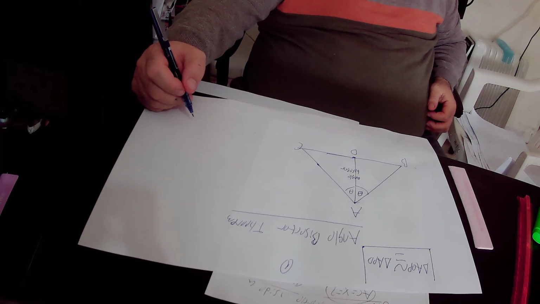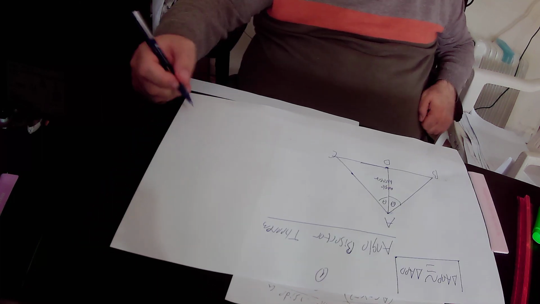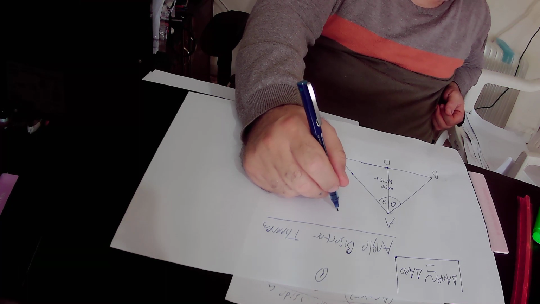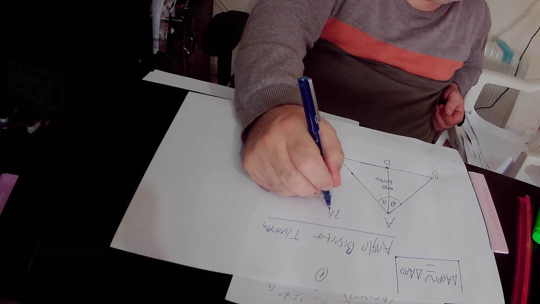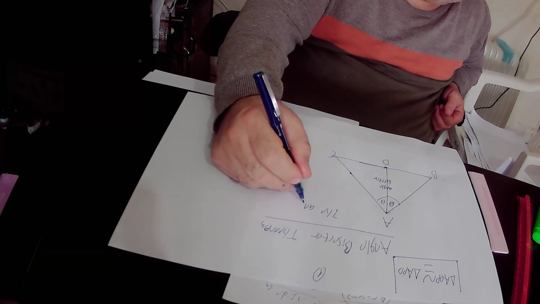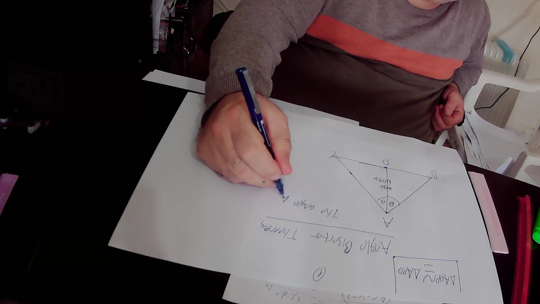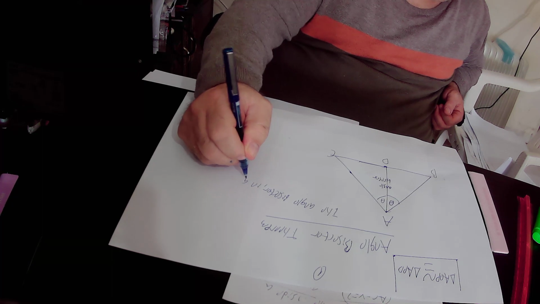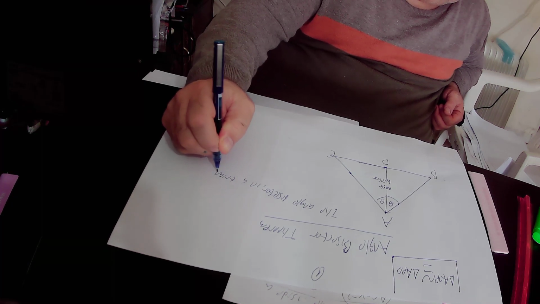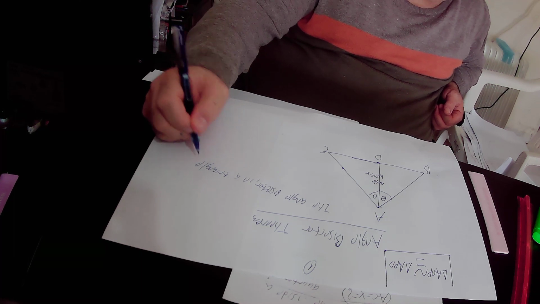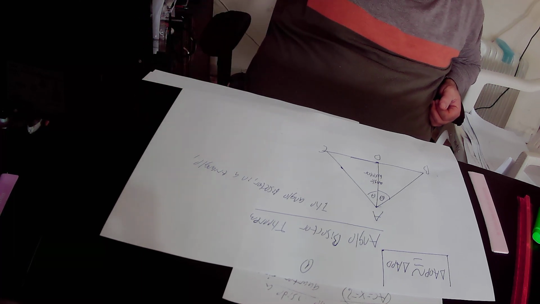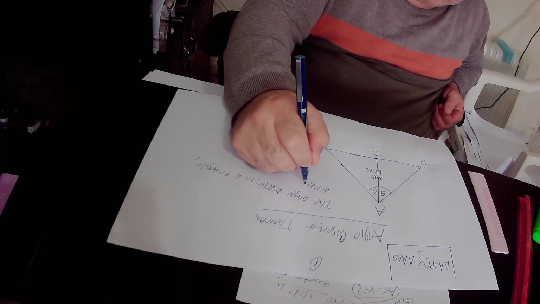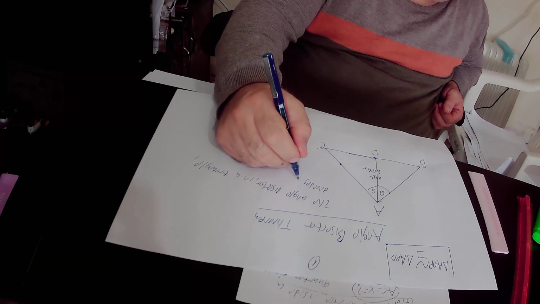So according to the angle bisector theorem, the angle bisector in a triangle divides the side that it hits.